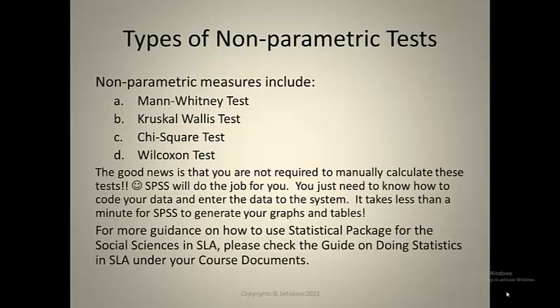You just need to know how to code your data and enter the data into the system. It takes less than a minute for SPSS to generate your graphs and tables. For more guidance on how to use the Statistical Package for the Social Sciences in second language acquisition, please check the guide on doing statistics in second language acquisition under your course documents.